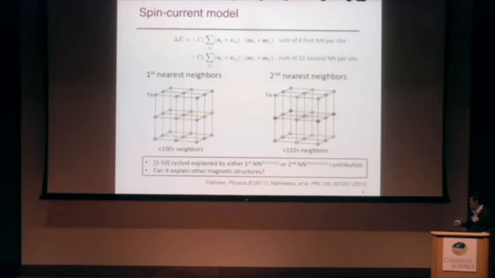In previous works, it has been demonstrated that by considering only the first nearest neighbors or only the second nearest neighbors, we can reproduce the type 1 cycloid propagating along the 1, -1, 0 direction. But in this talk, I'll show you that to explain all the magnetic structures in BFO, we may have to consider both the C1 terms and the C2 terms.